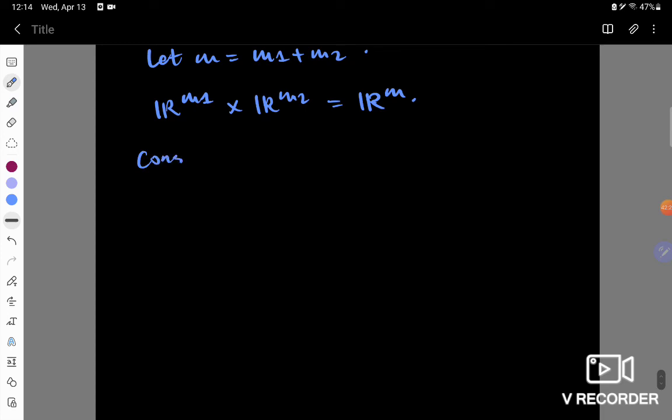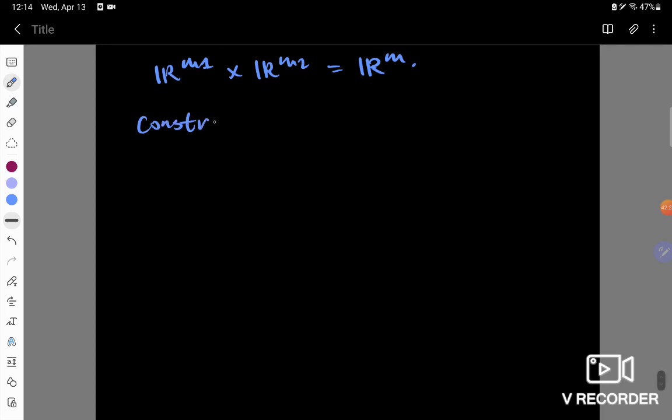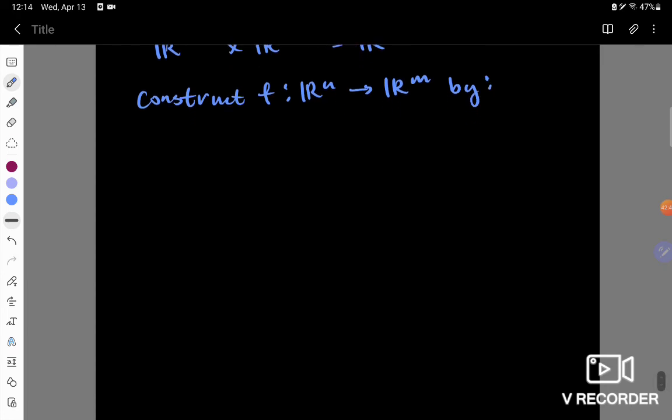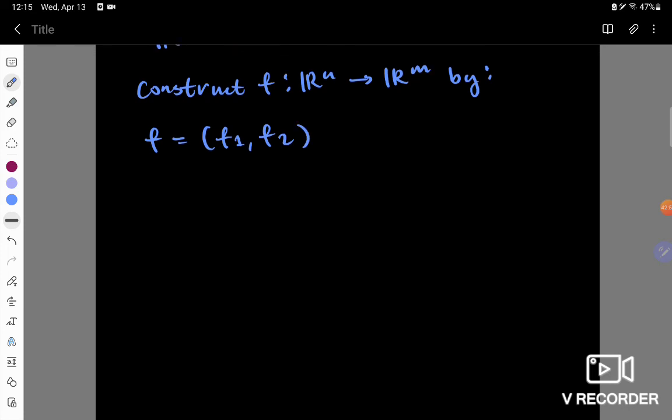Construct a function based on these constituent ones. So we construct a function f from Rn to Rm by f, in this component or parameterized form, equals f sub 1 comma f sub 2.